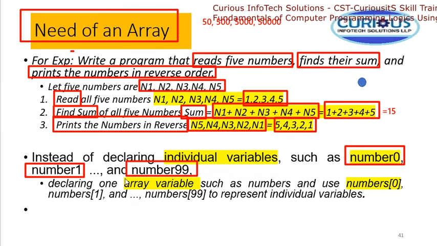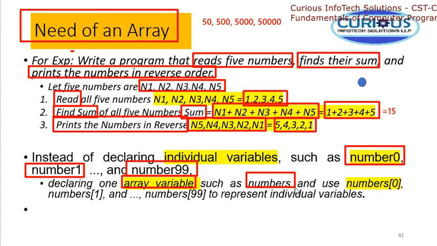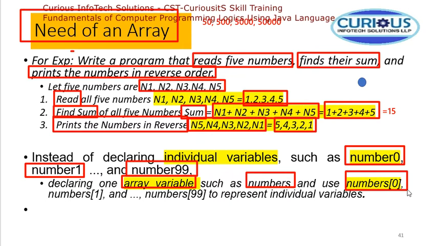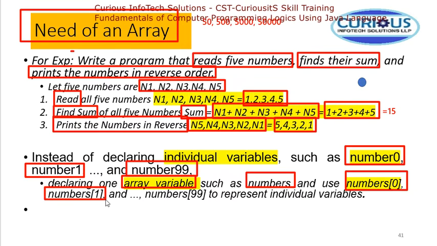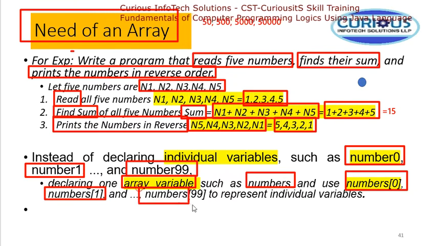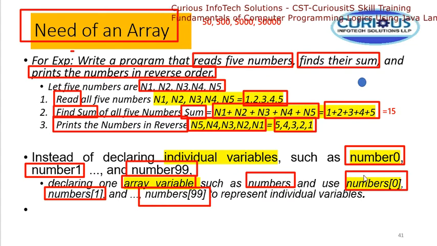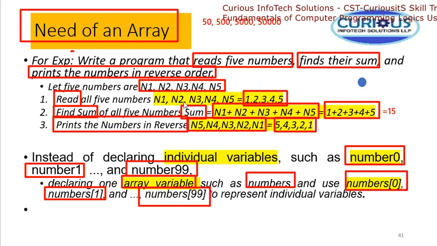So here we will declare our array variable as number and use the subscript, say number in square brackets 0, number square bracket 1, and likewise number in square bracket 99. So this becomes an individual variable. Similarly your n1 n2 n4 n5 like that.